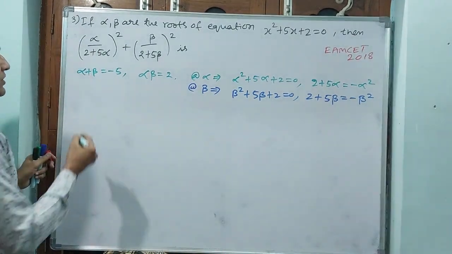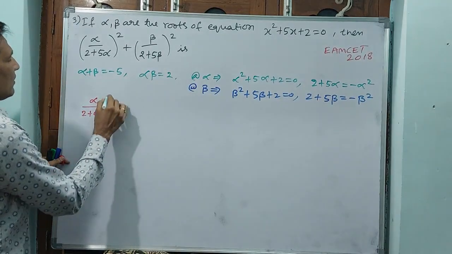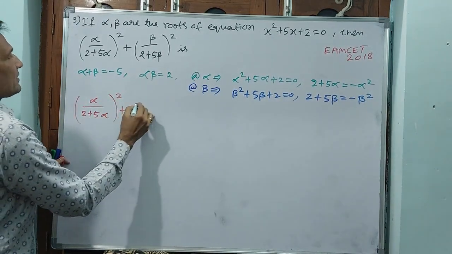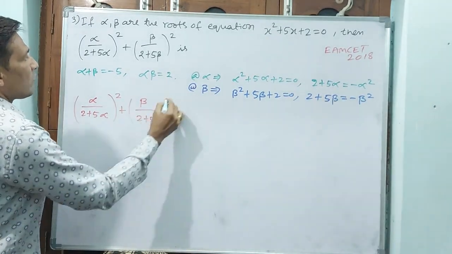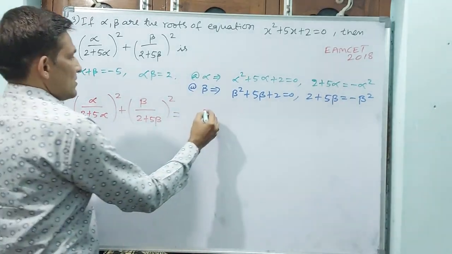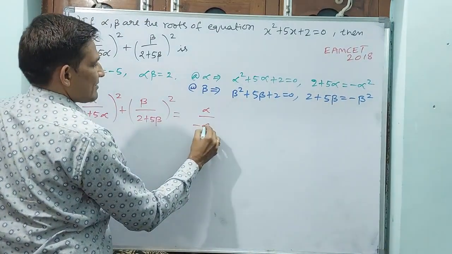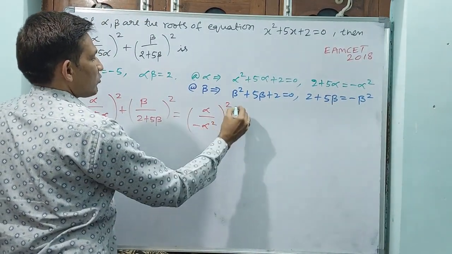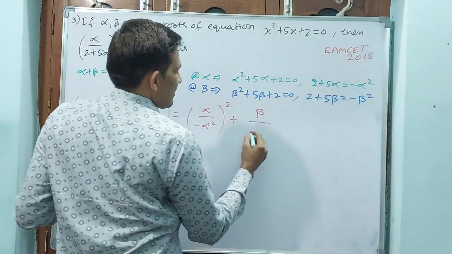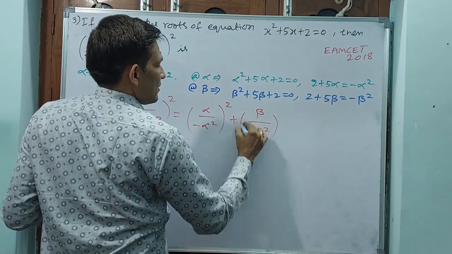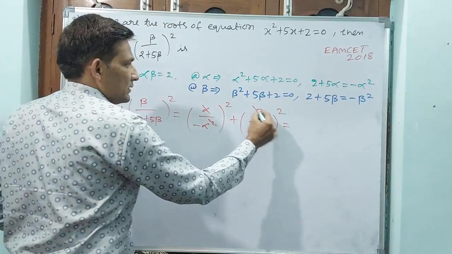Now go back here. You see what I am writing now. Alpha divided by (2 plus 5 alpha) whole square plus beta divided by (2 plus 5 beta) whole square is equal to, see, alpha divided by 2 plus 5 alpha means shall I write minus alpha square, but whole square, plus beta divided by 2 plus 5 beta means shall I write minus beta square, whole square. That is equal to, you see, before squaring first you cancel out this term.